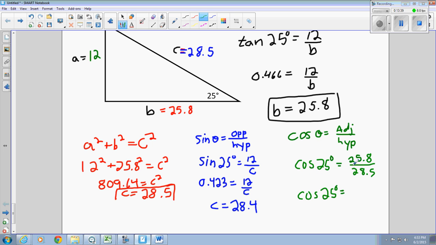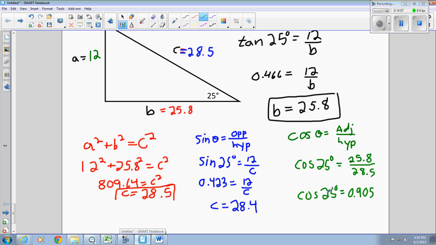So cosine of 25 should be equal to 25.8 divided by 28.5. Well, 25.8 divided by 28.5 is equal to 0.905 with some other numbers. So cosine of 25 better be equal to that.